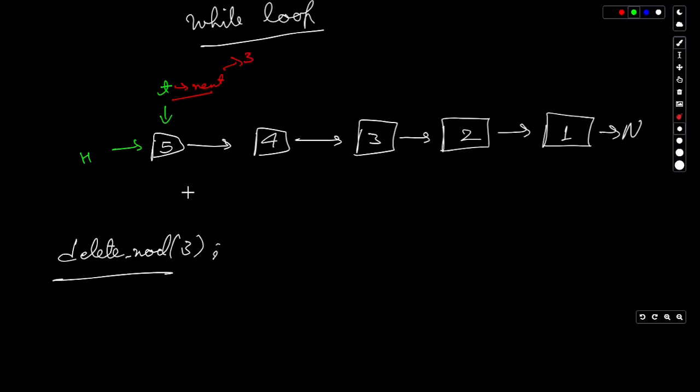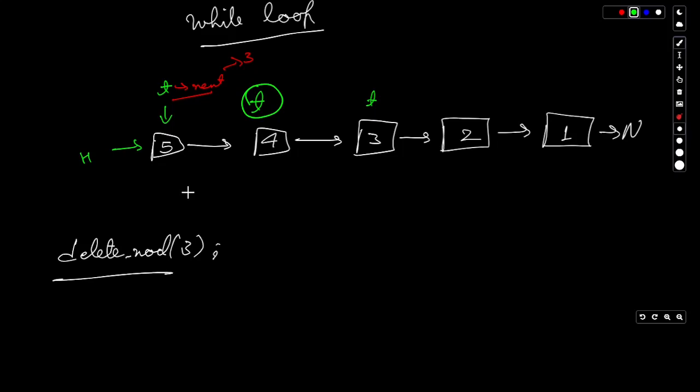Because we cannot go back if we are at temp. If temp is at 3, we cannot go back and manipulate all of these links, because we are already past the point from where we can manipulate. So we will be going to the previous of temp node.